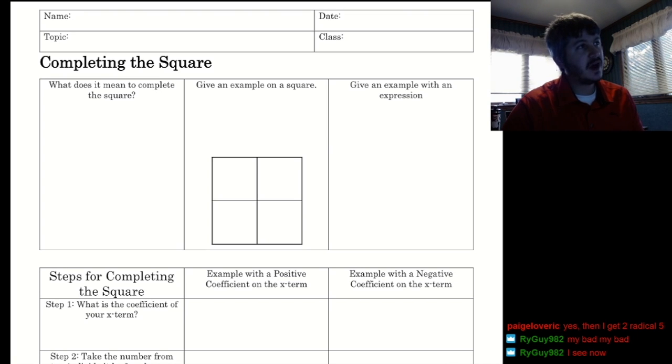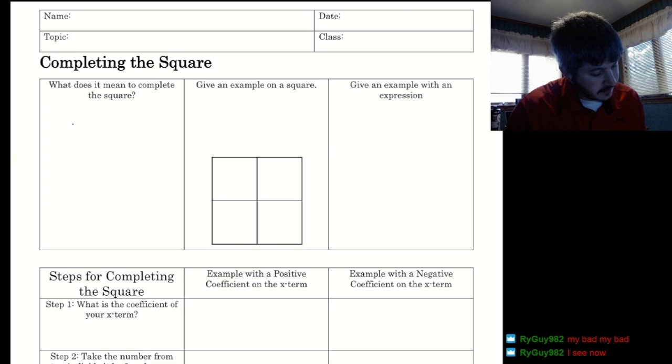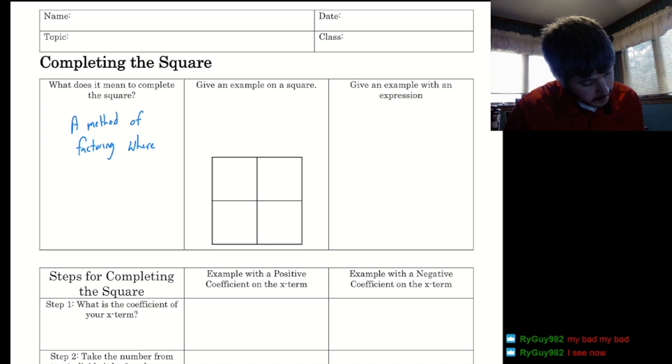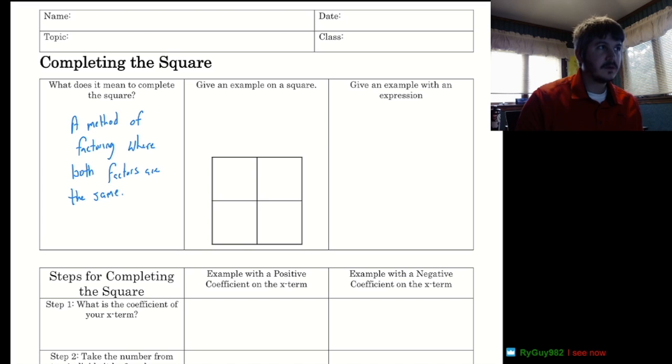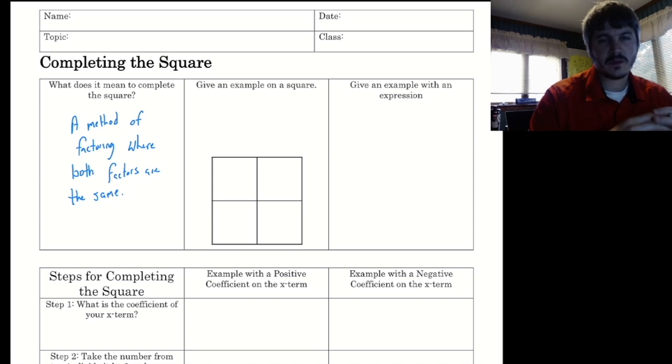It's a method of factoring where both factors are the same. That's the important piece with completing the square. You want both factors to be the same.